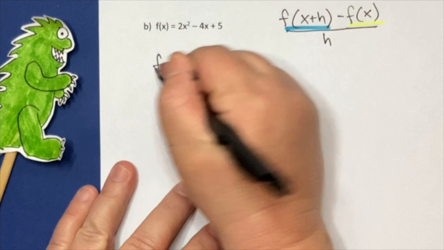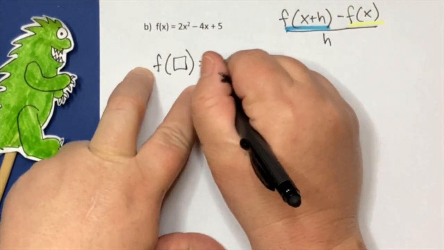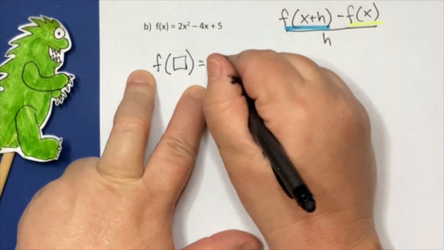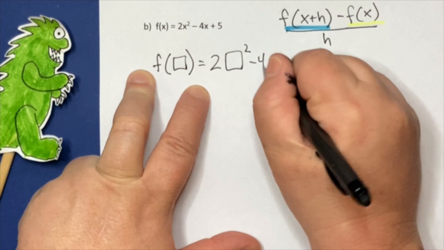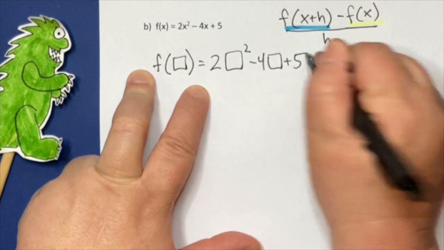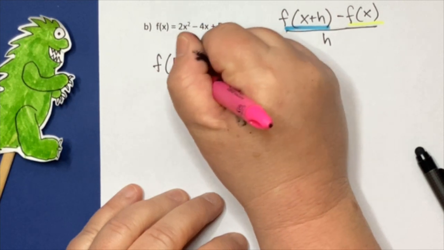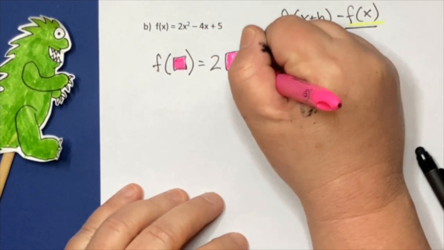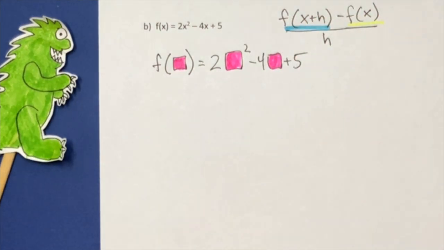I've got f of x. So f of box equals, f of x is 2x squared, so that's 2 box squared minus 4x minus 4 box plus 5. Okay, so f of pink box is 2 times box squared minus 4 times the box plus 5.